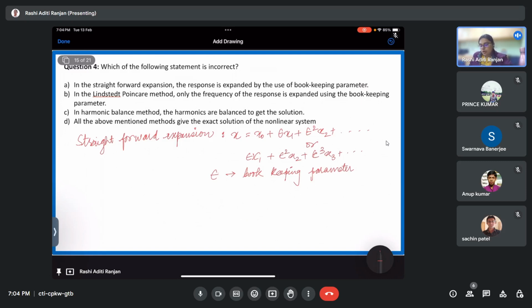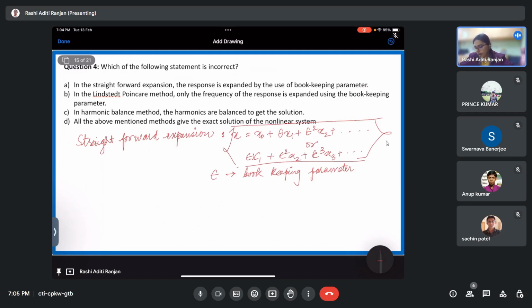And this is what we do in order to solve the equation of motion. So the statement says in straightforward expansion, the response is expanded by the use of a bookkeeping parameter. So this statement is correct, isn't it? The statement is absolutely correct.